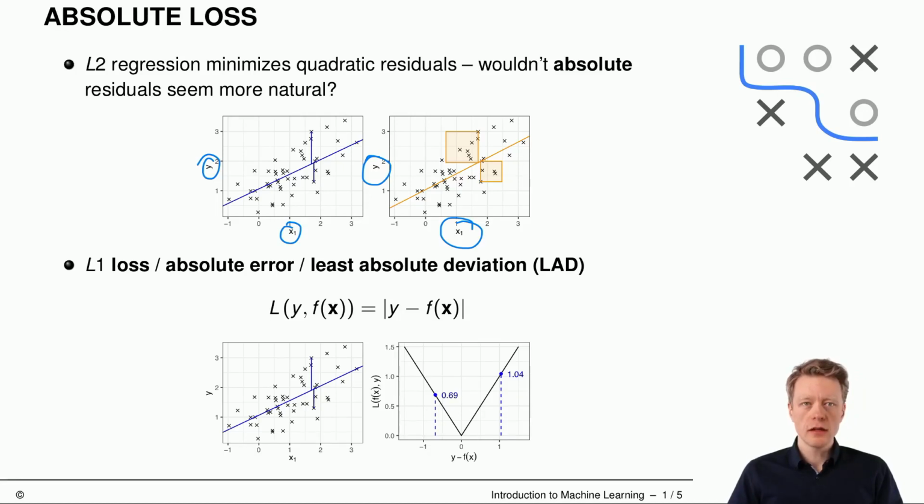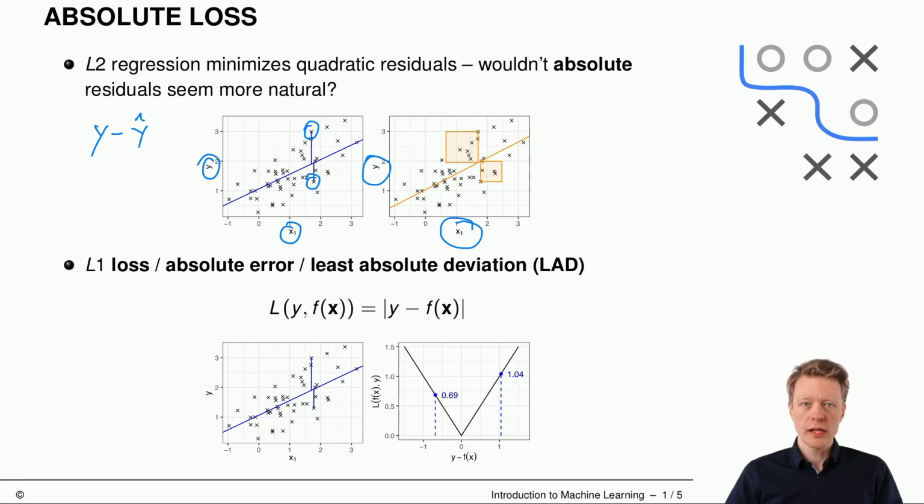And on the left-hand side, you see for two sample points, for that point and for that point, the absolute difference between the true value and the predicted value, so y minus y hat, let's say.